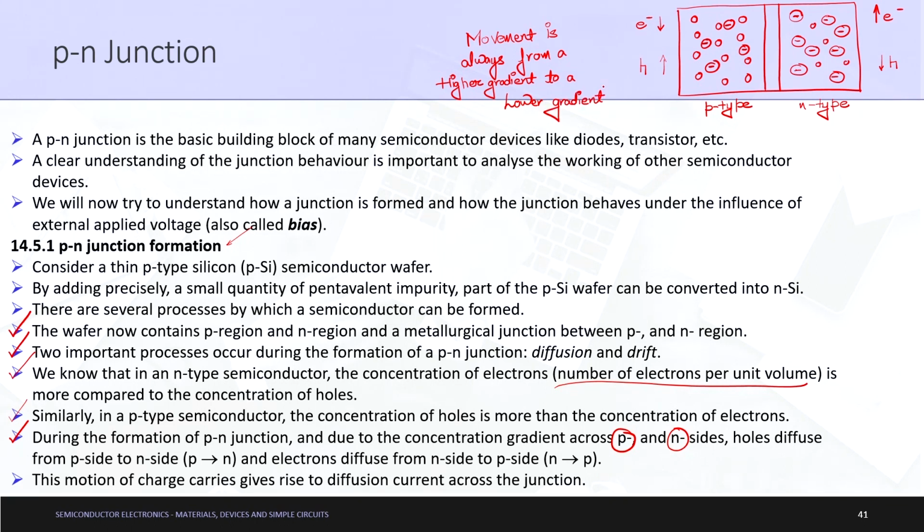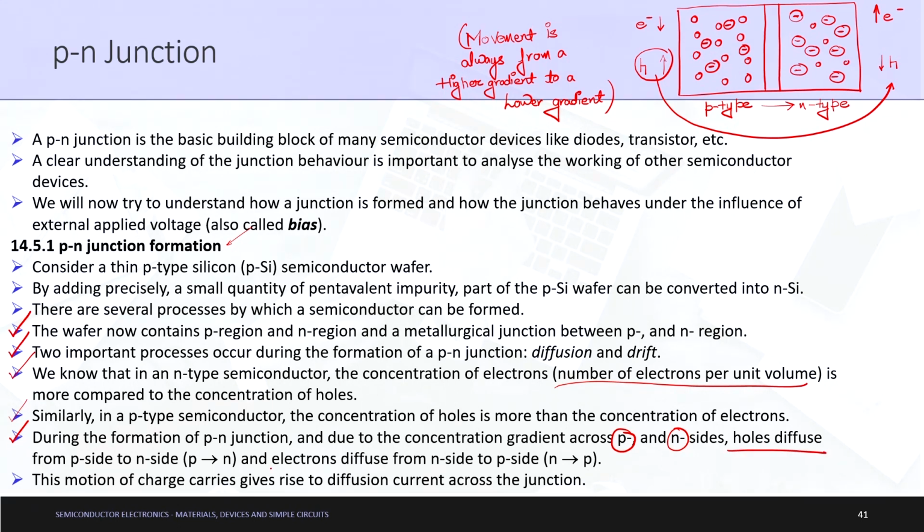Okay. So movement is always from a higher gradient to a lower gradient. Due to this, because the concentration of holes was very high, the holes diffused from the p type to the n type. Holes diffuse from a p type to an n type, which is written here.